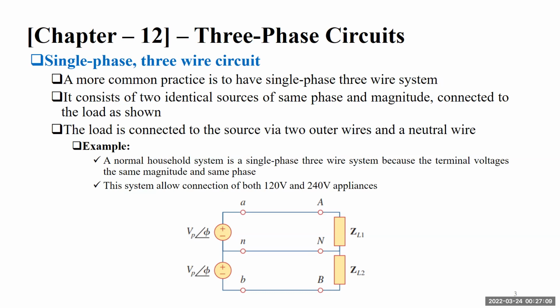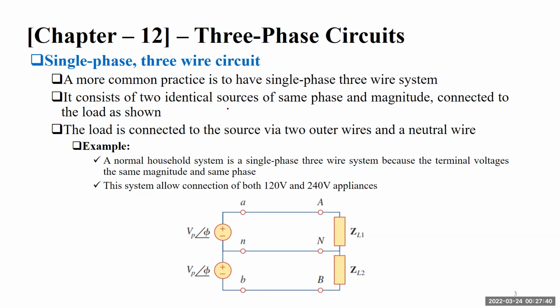It is more common practice to have a single-phase 3-wire system. If you are living in the North American continent, you will be accustomed to seeing something like this in most of our domestic wiring. You can find this arrangement inside the house, where a single phase comes from the transformer and is given to your house in this manner.